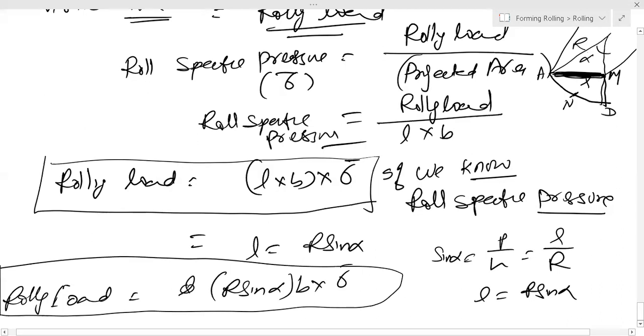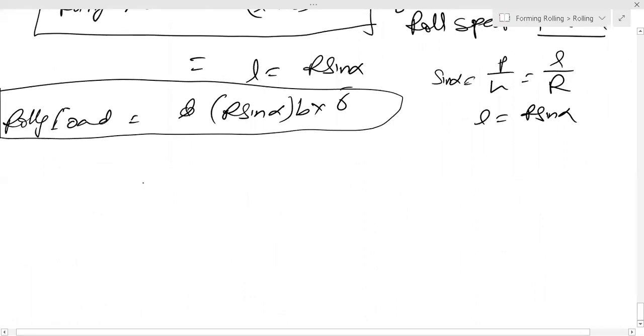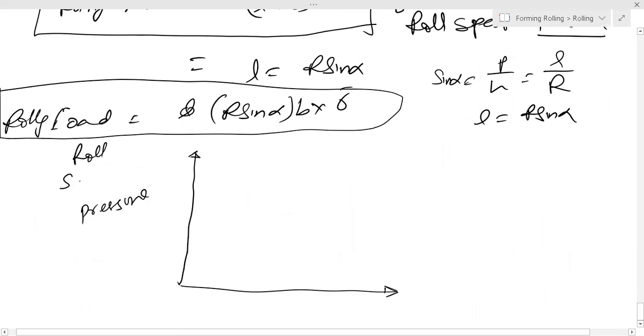Then what about roll specific pressure? There is one plot in my notes just to check this. You have pressure, and you have A, you have N, you have D. This is the entry. So it goes like this: roll pressure increases, and at the neutral point it is the maximum, then it decreases.